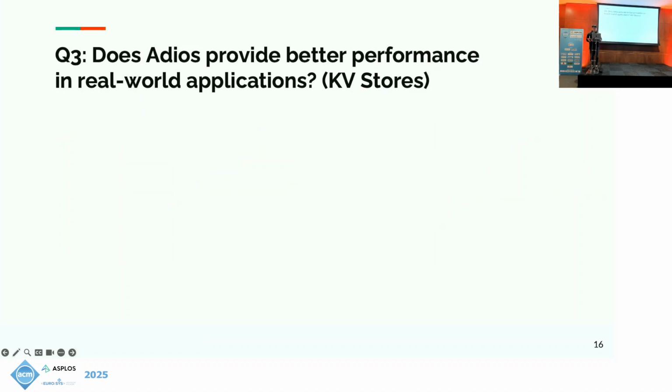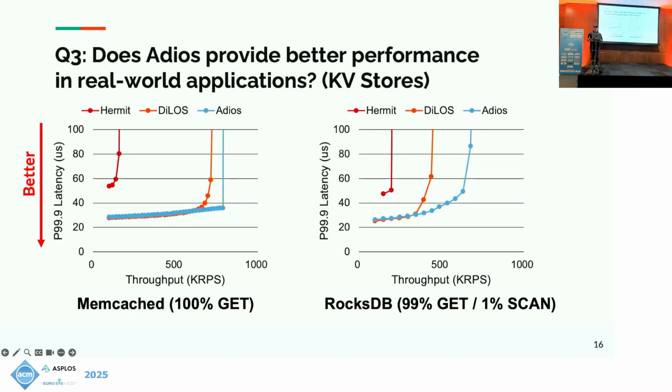For real-world applications, we first conduct experiments with two key-value stores, memcached and RocksDB. For memcached, we use a 100% GET request workload, and for RocksDB, we use a mixed workload of 99% GET and 1% scan requests.